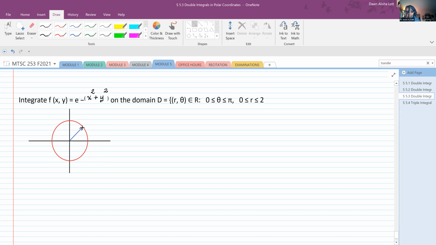But theta goes between 0 and pi, so we only want the top half. So I can erase off the whole bottom half because there's nothing there. And so this is the domain. That's my region R.